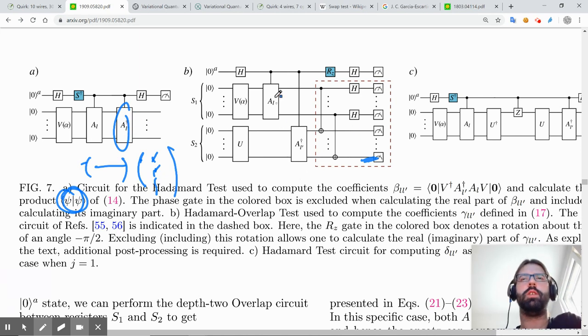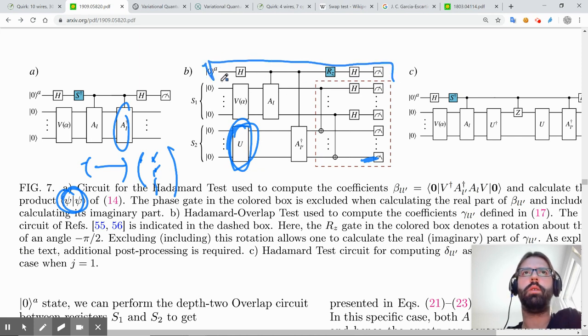But wouldn't it be just easier if you can decompose that and just do an overlap test with these? Why wouldn't these work? Why do I need all these other bells and whistles in here for this to work?